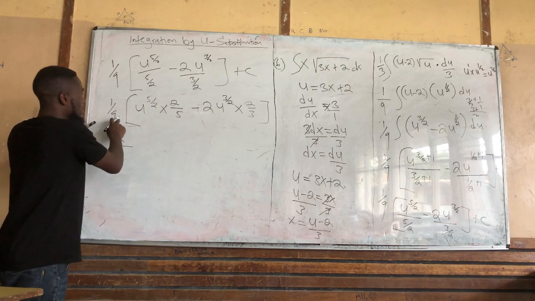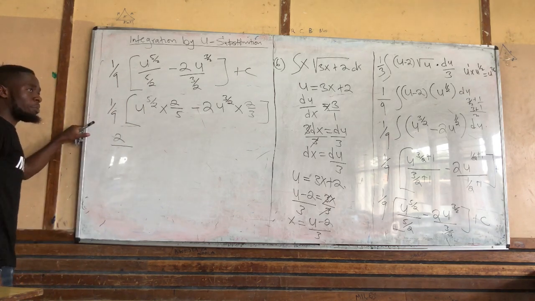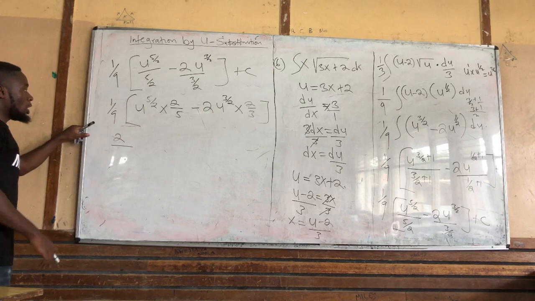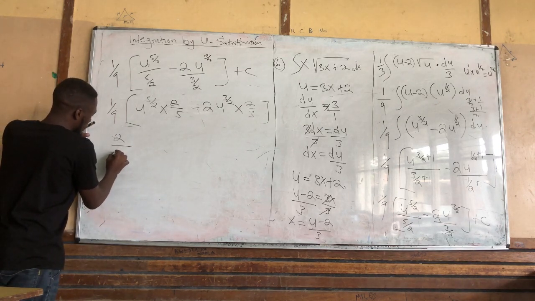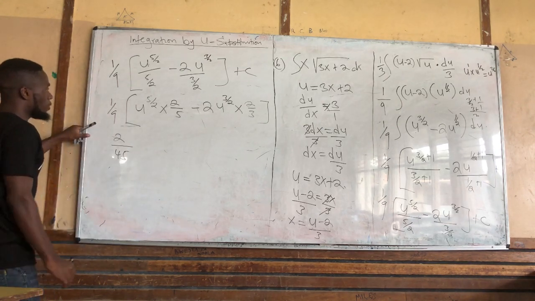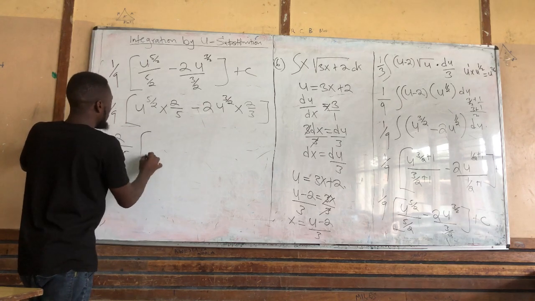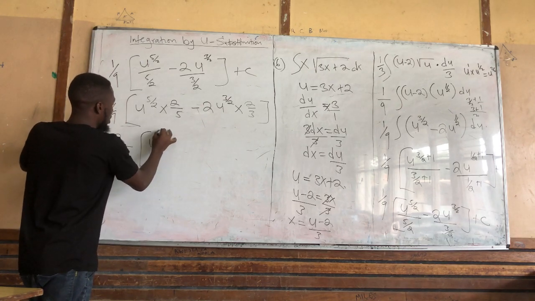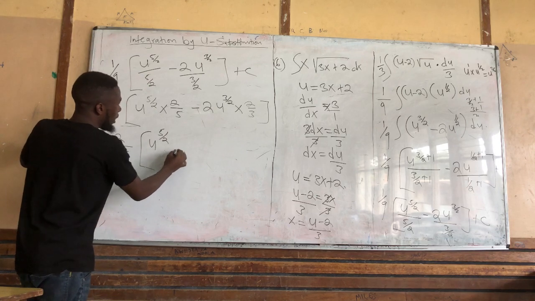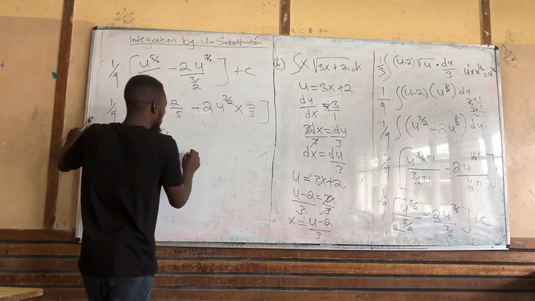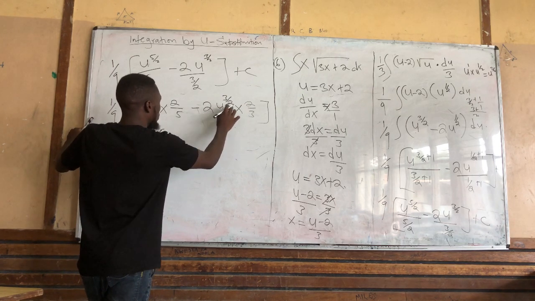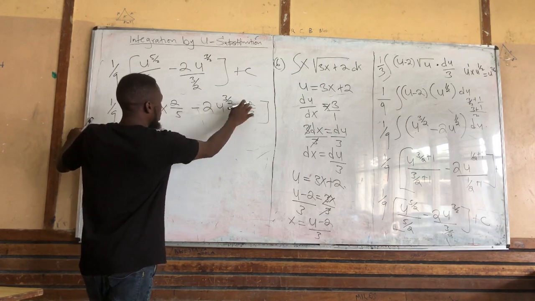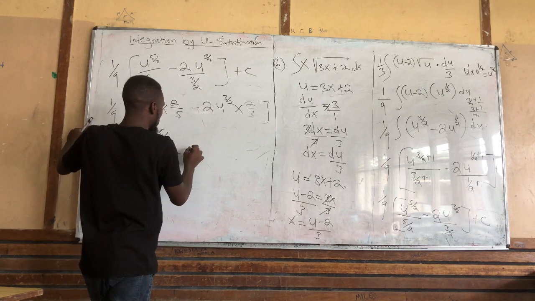What is 9 multiplied by 5? 9 multiplied by 5 is 45. So we have u to the power 5 over 2 minus, this one times this one, which is negative 4.